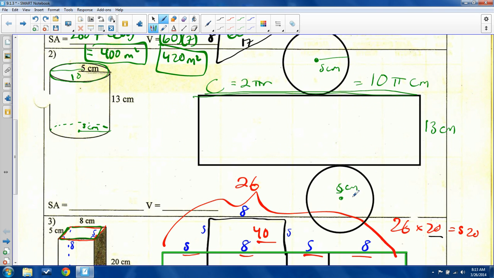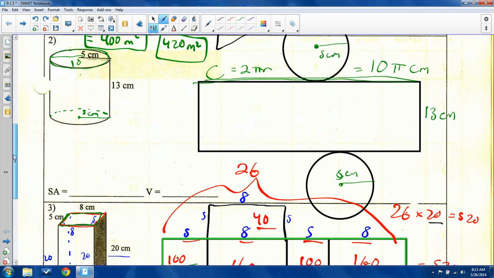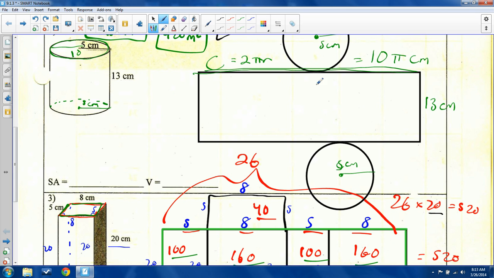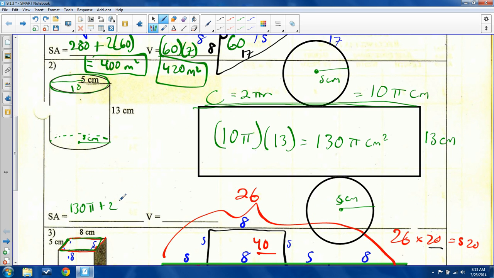So your surface area is your lateral area. We need to find the area of this thing, which will be base times height, 10 pi times 13, which is 130 pi square centimeters. That's your lateral area. 130 pi plus 2 times the area of one base.